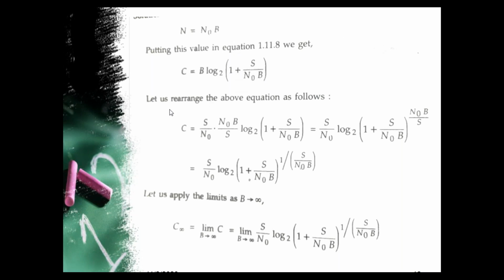Next, just rearranging and finding the limit with B tends to infinity. Here we have B log(1 + S/N0B), then we multiply the expression by S/N0 and N0/S, that is S N0 by N0 S. It is the same.